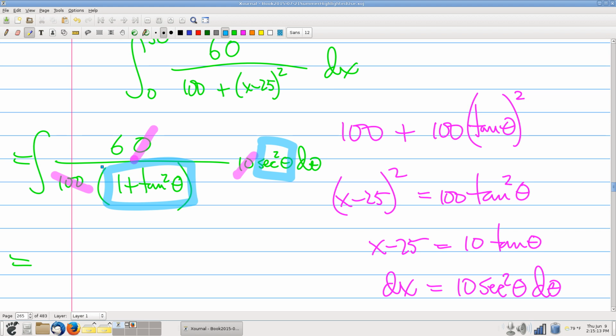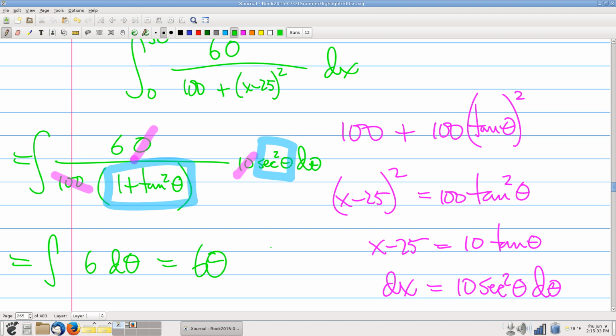And so all that's left, and this is actually kind of awesome, is the integral of 6 d theta, which is nice. So that gives me 6 theta plus c. I don't need the plus c, because I'm going to be plugging in bounds in a minute.